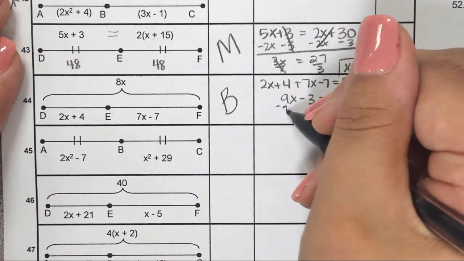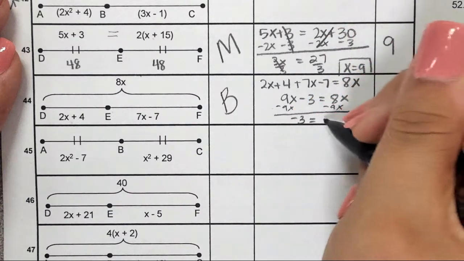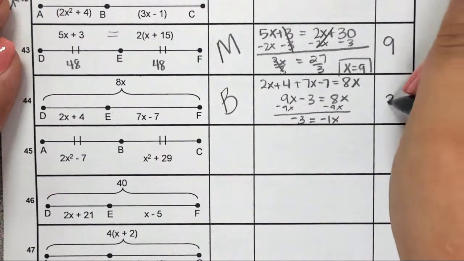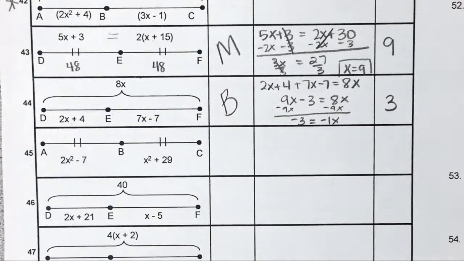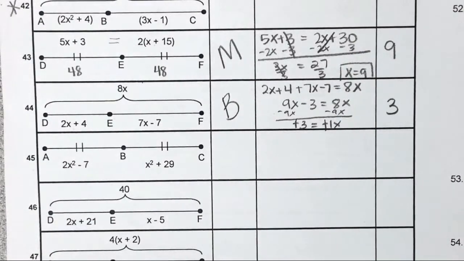I can subtract 9x. Negative 3 equals negative 1x. So what does positive x equal? Positive 3. Because remember, what you do to one side, I can do to the other.